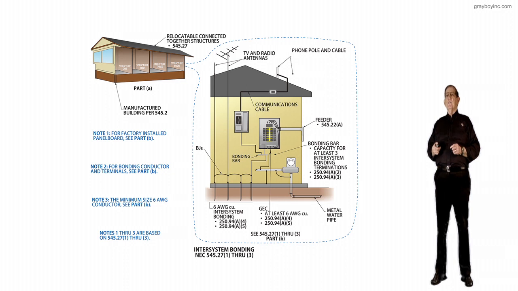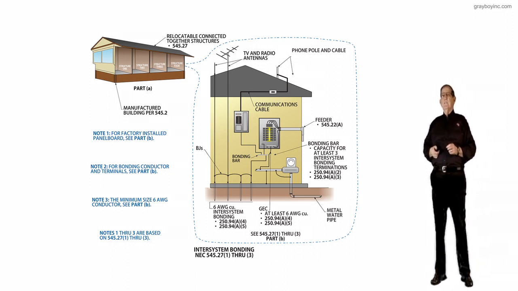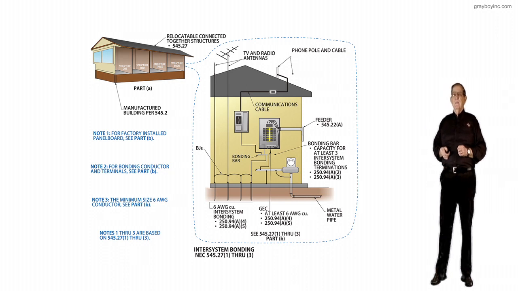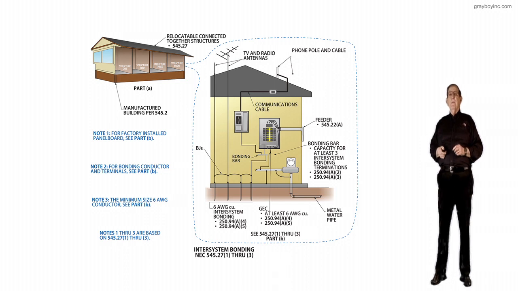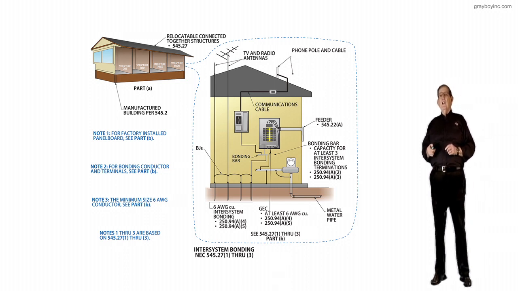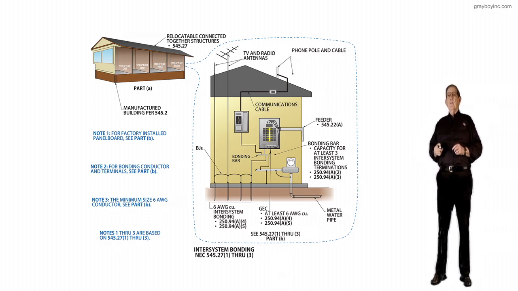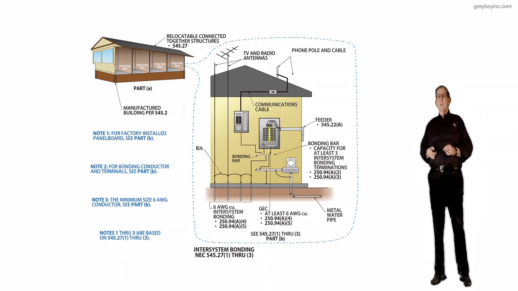And then of course you're going to have a number 6 that would connect that, in this case, to the grounded terminal bar that you would have in the panel board, or if a neutral is connected with a bonding jumper, same thing. And then notice all these systems are bonded and connected together with these bonding jumpers. That's down toward the bottom where these 4 driven rods are driven.